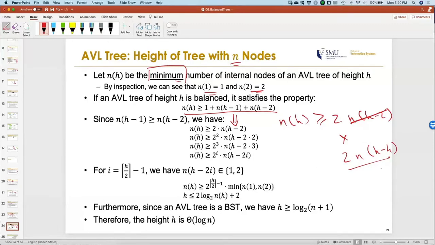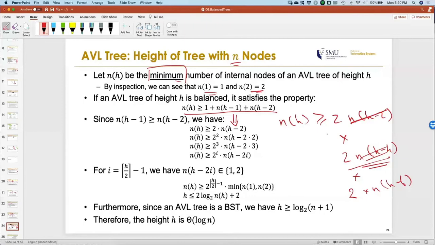Now, nh minus 4 itself, I can feed back into the same inequality one more time. So instead of 2 times nh minus 4, this part itself is going to be 2 times 2 times nh minus 6. So now I can keep going. Think of it as recursion. At some point, I'm going to hit a base, the smallest possible case, that is going to stop all this recursion from happening.